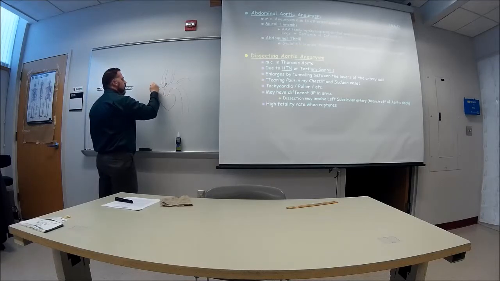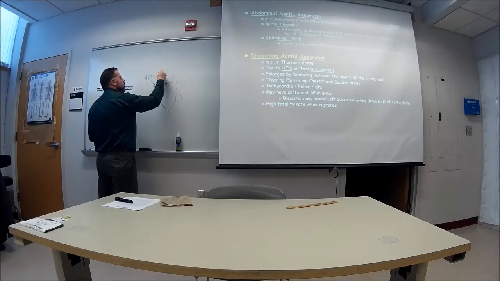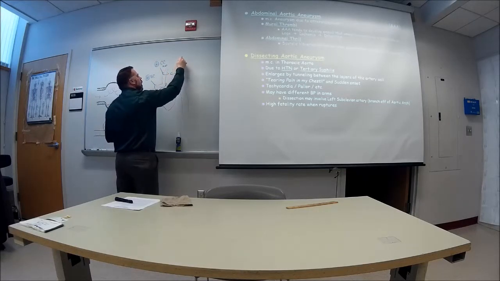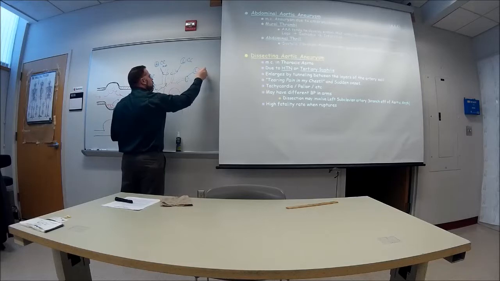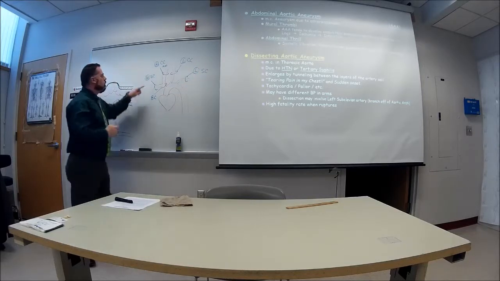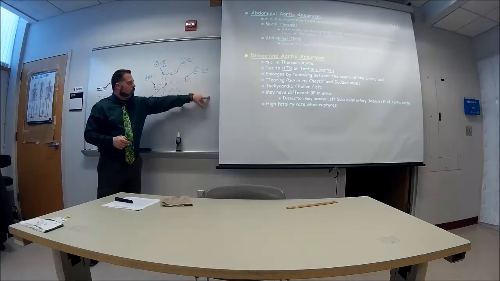This is going to be your right subclavian artery. This is going to be your right common carotid artery. This is going to be your left common carotid artery. And this is going to be your left subclavian artery. The subclavian goes down to your arm, right? So your left subclavian goes down to your arm.